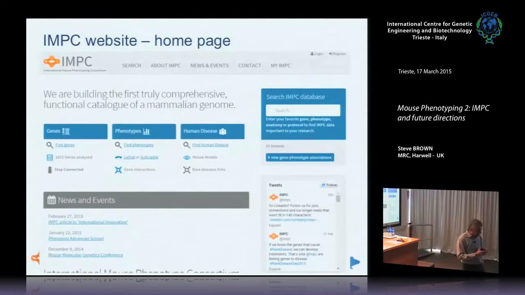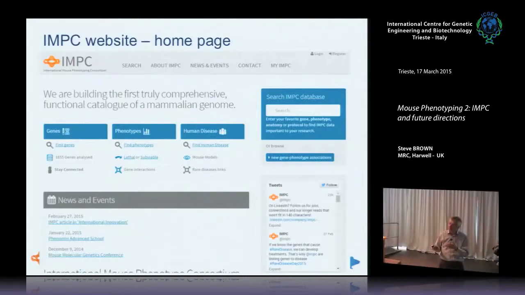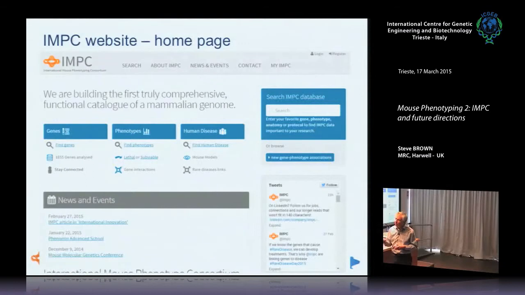Because every day, in fact every hour if you like, if you're a mouse geneticist, we want people to be going to the IMPC website and looking for genes, phenotypes, models of human disease, because there's a rich set of information already in the IMPC, which is almost unparalleled in mouse genetics. So this is the home page. You can search for a gene, or you can search for mice that have got certain phenotypes, or you can search for certain models of human diseases.